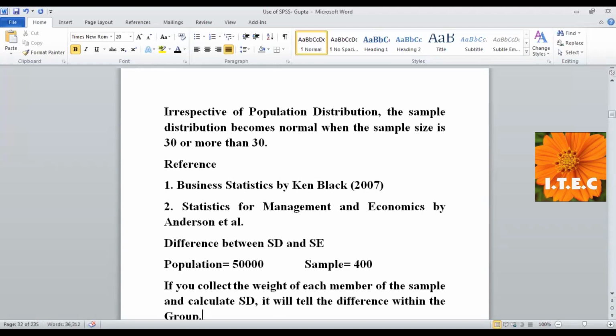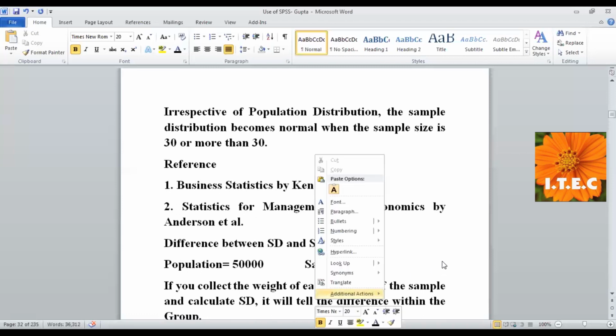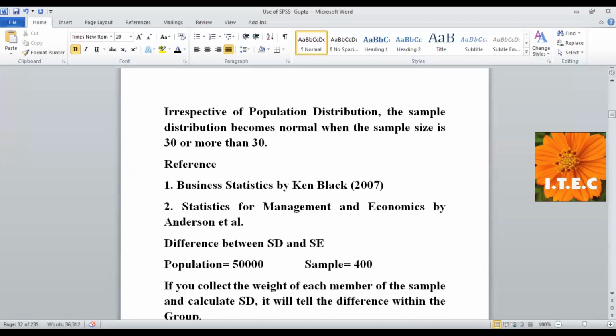So standard deviation tells the differences within the group.